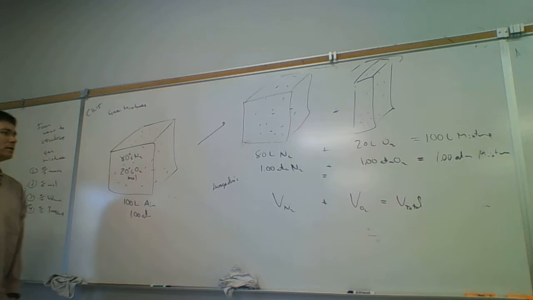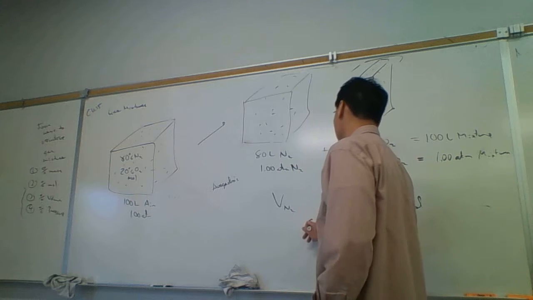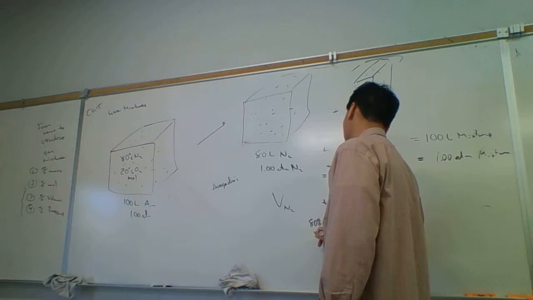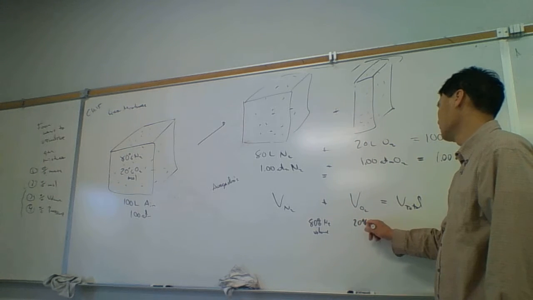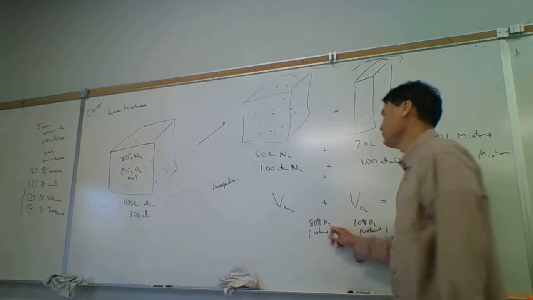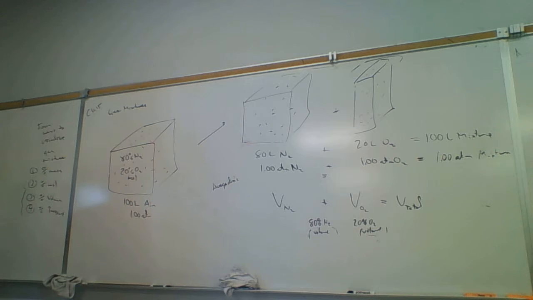And so, in other words, this is 80% by volume nitrogen. And it's 20% oxygen by volume. So it's 80% nitrogen by mole, 20% oxygen by mole.